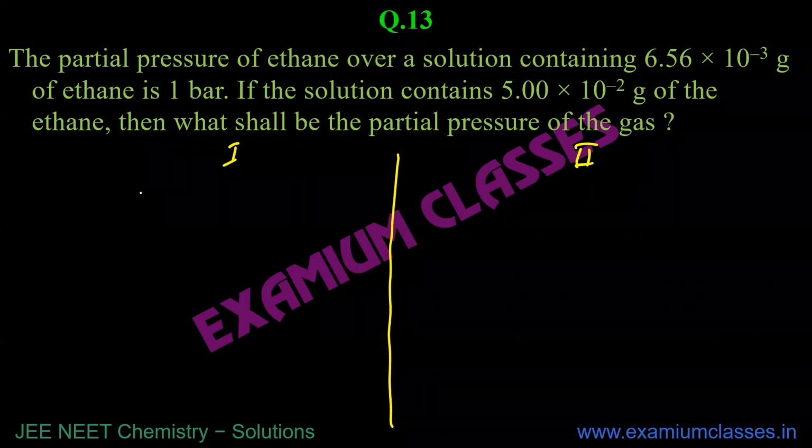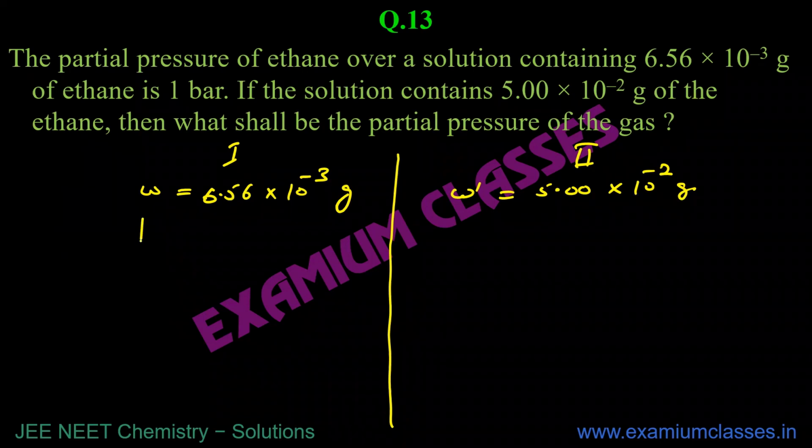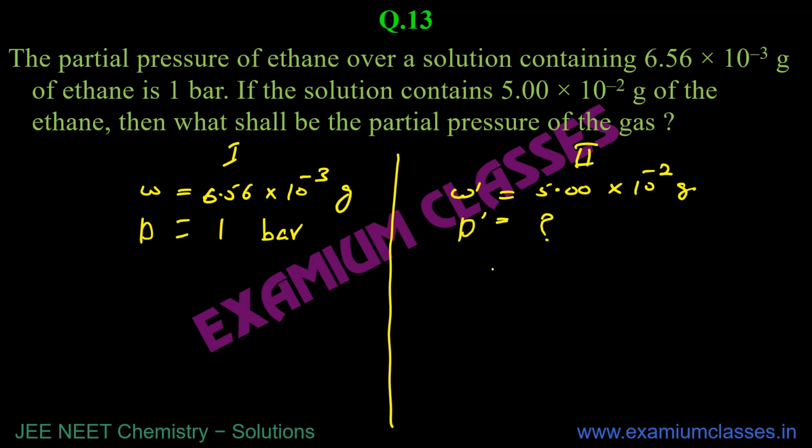In the first case, the mass given is 6.56 into 10 to the power minus 3 grams. In the second case, it is 5.00 into 10 to the power minus 2 grams. Molar mass I am keeping the same. In the first case, pressure is 1 bar. In the second case, pressure is what we need to calculate.